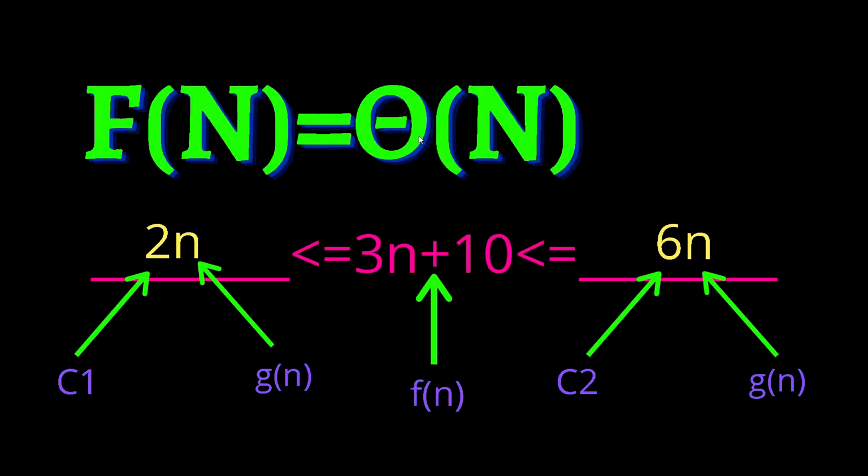Now I want you to understand one more thing. If I've given this particular algorithm here, for this we've got this theta of n value. Now if you look at different algorithms, we get different values. So don't stick to theta of n being the only value, or big O of n being the only value.